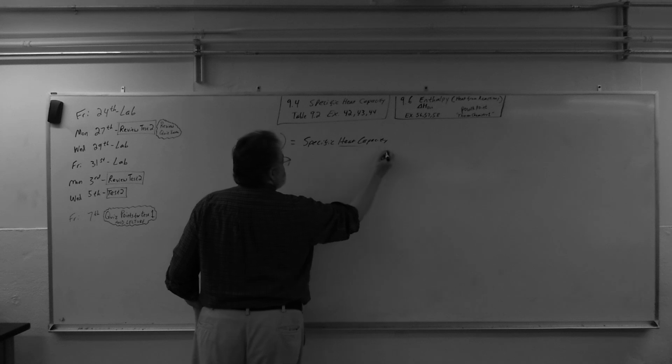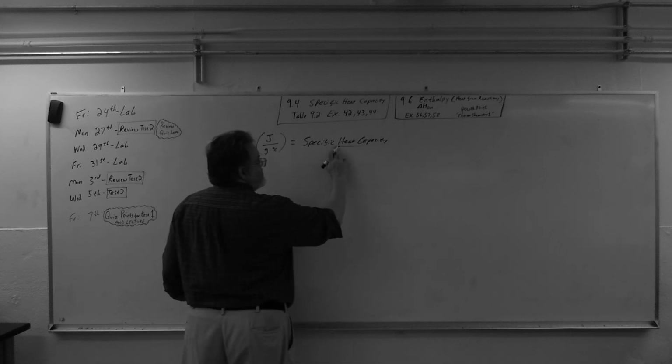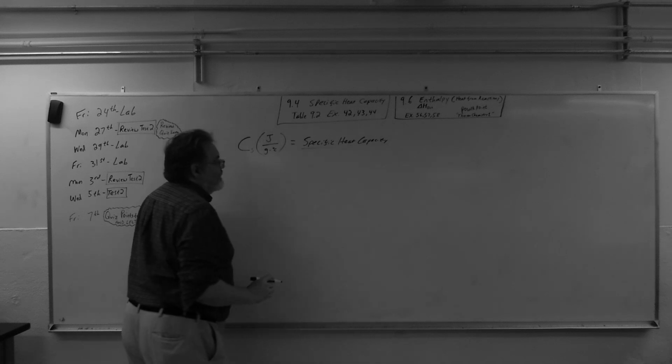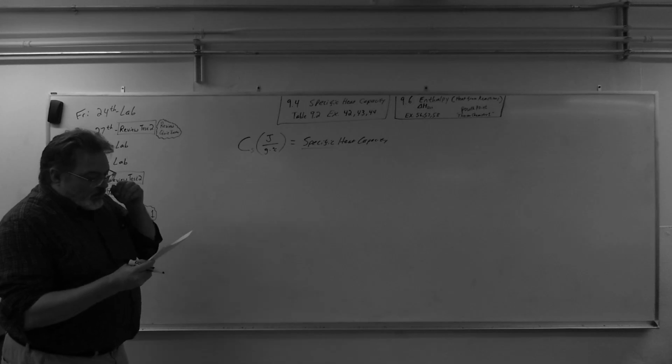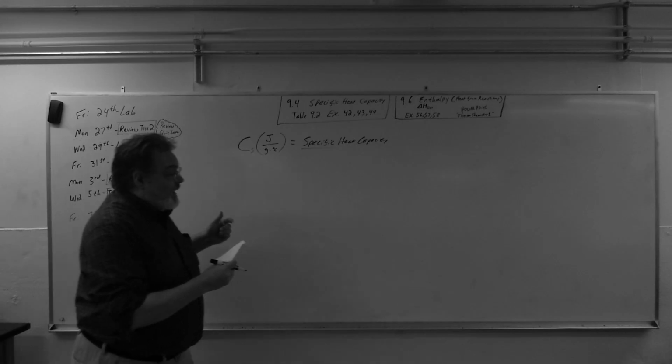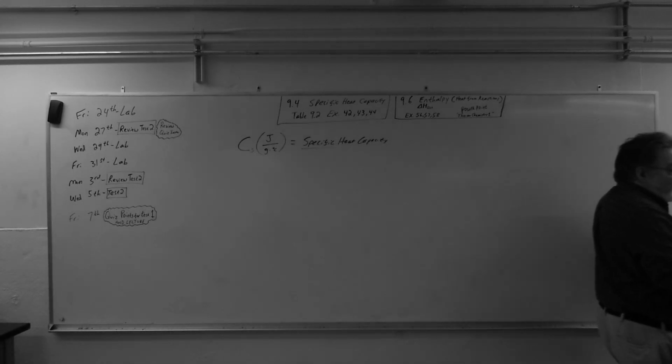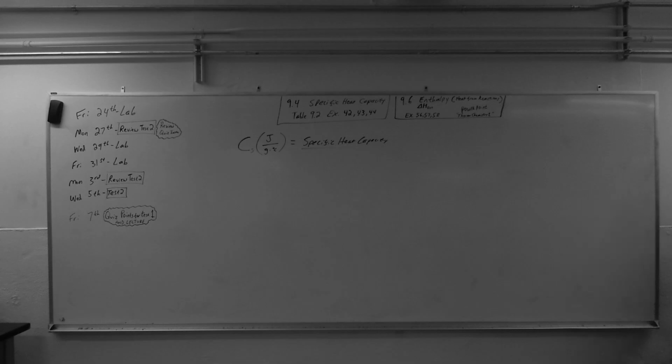This is frequently just called specific heat. But this is how it works. It's not too complicated. I've got the values from table 9.2 written down here. I will give you these on a test.